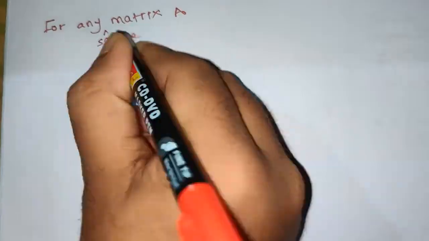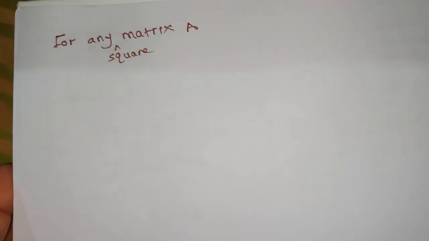For any square matrix A, whatever property we are going to see, whether multiplication doesn't have this property, but for transpose, symmetric and skew symmetric, the matrices that we are going to deal with are square matrices. So you have to keep in mind that the only matrices we're going to deal with are square matrices.